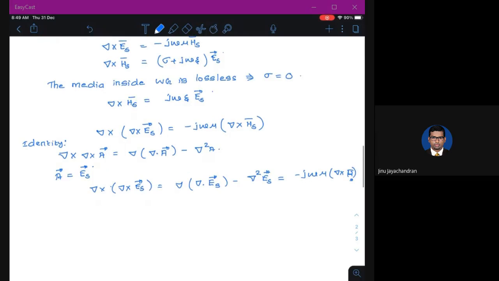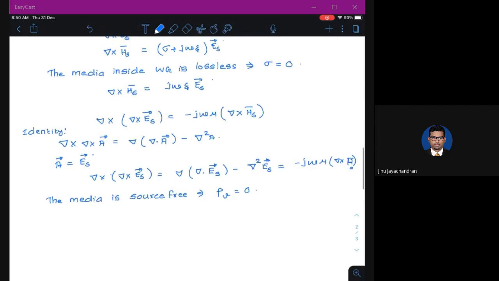Now we have assumed that the media is source free. This assumption we have defined in the last class itself. The media is source free implies the value of rho v is equal to 0. And you know that del dot Es is equal to rho v over epsilon, which is equal to 0, which means that this part will be equal to 0.